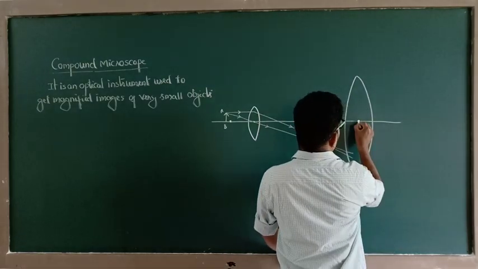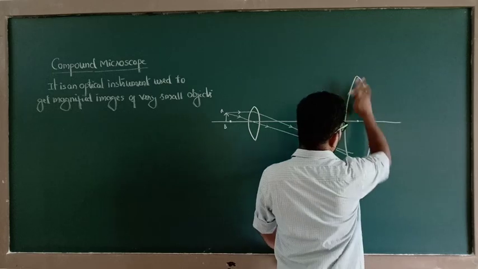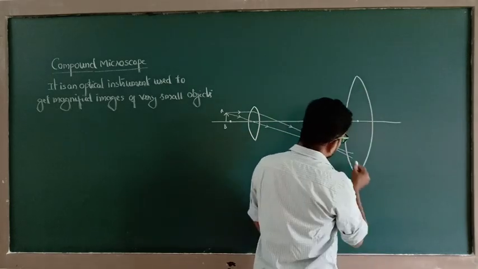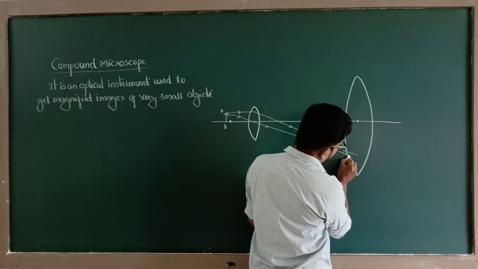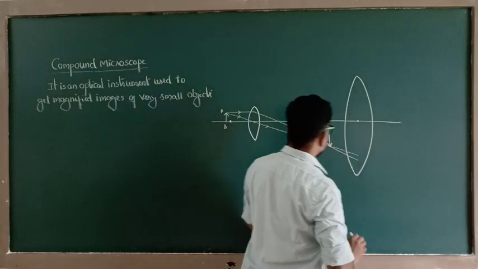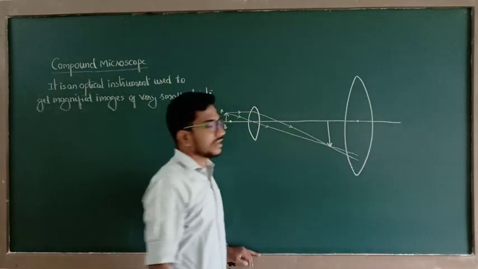So this is the optical center of this convex lens. These are the two refracted light rays.